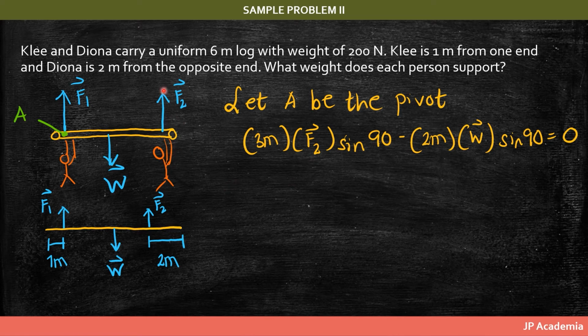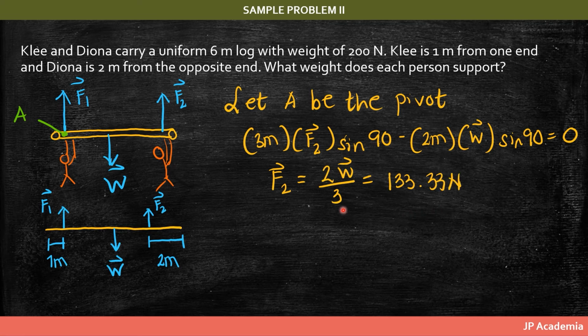So for F2, we have 3 meters from this point A. So this is 3 meters times F2, the magnitude of this force, sine 90, minus 2 meters W. So this is the distance of your W with respect to this pivot point A. Sine 90 is equal to 0.